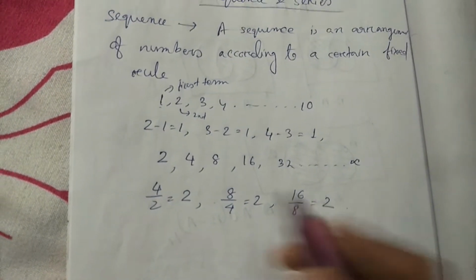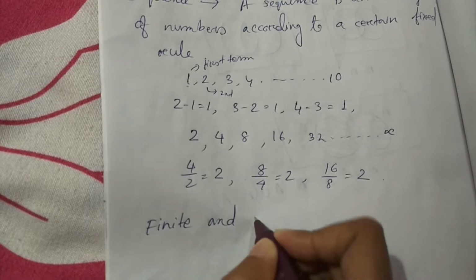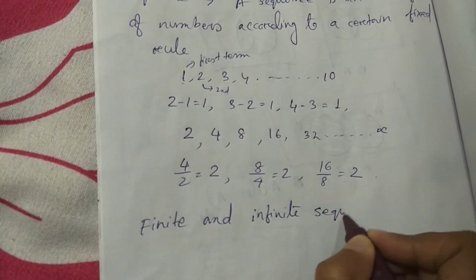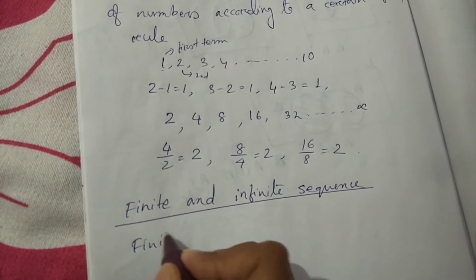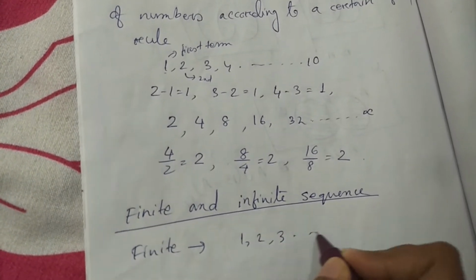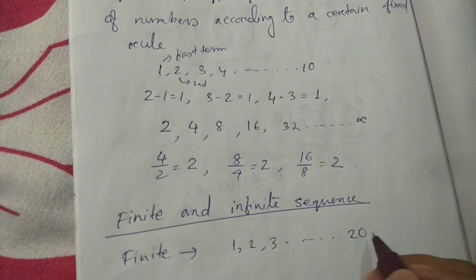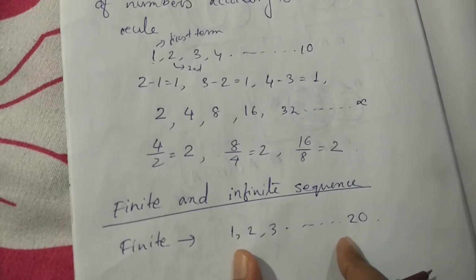Okay, now finite and infinite sequence. What is a finite sequence? Suppose I write 1 2 3 up to 20. This sequence stops here at 20, so it is countable, and this is a finite sequence.